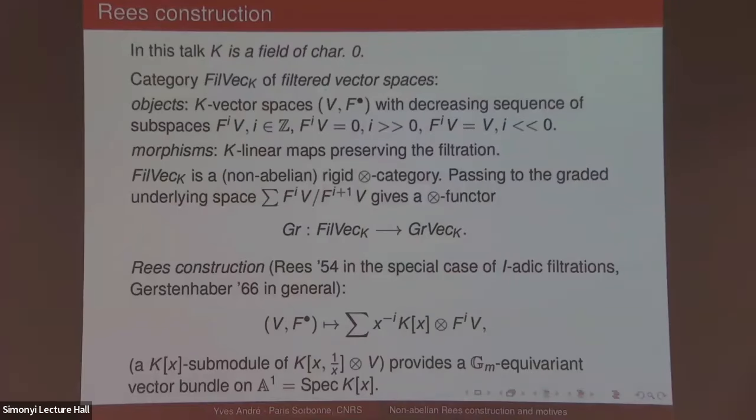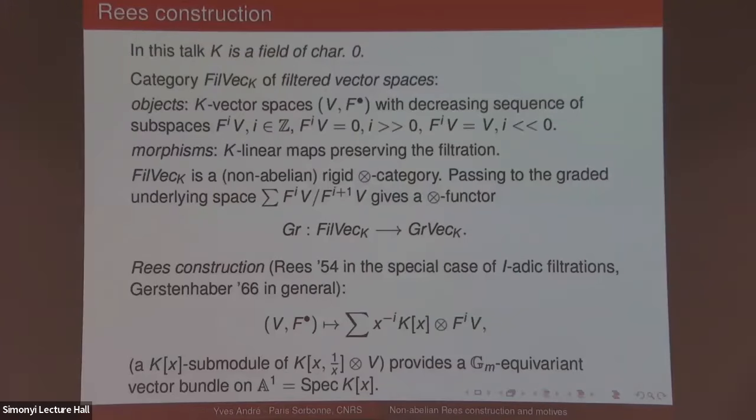And when one passes to the underlying graded space, one gets a tensor functor from filtered vector spaces to graded vector spaces. Then the Rees construction, which is due to Rees, a very old construction, appeared first in commutative algebra in the special case of I-adic filtration, and was largely generalized by Gerstenhaber. It is the following construction.